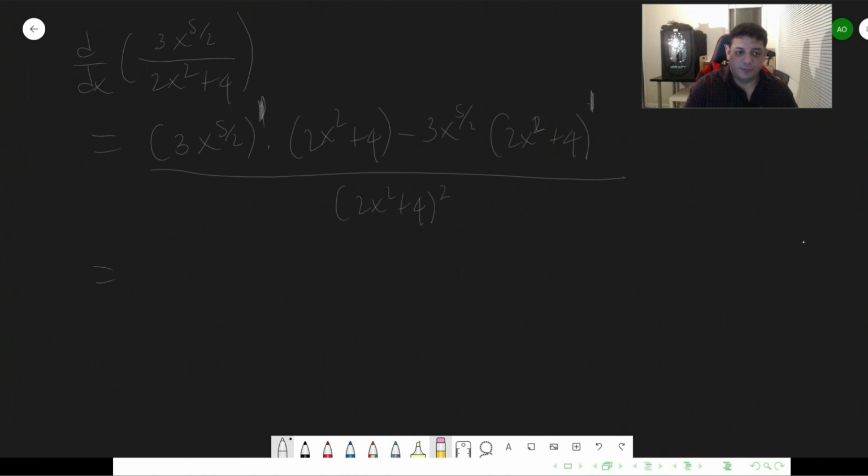So this is just made so I can contrast what I just mentioned. So this is 15 over 2, x to the 3 halves. 5 halves minus 1 is 3 halves. Now times 2x squared plus 4 minus, and now here 3x to the 5 halves. And if I take the derivative of this, this is just going to be 4x.